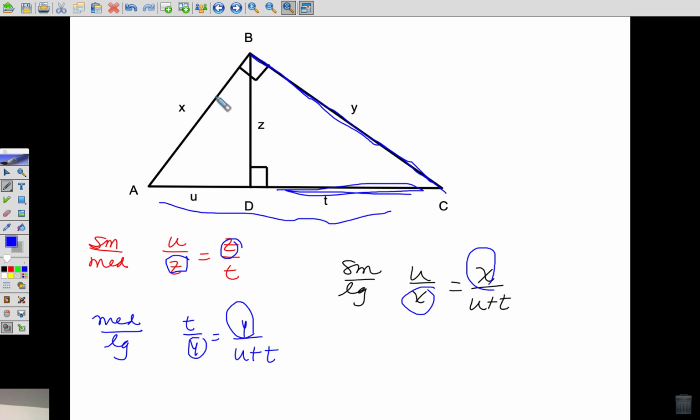If the geometric mean is on one of the legs, let's say x, it'll be u and the whole hypotenuse, u plus t. If the geometric mean is y, it'll be on the part of the hypotenuse it's touching up to the other altitude, so t, and the entire hypotenuse. And that is how geometric mean works in comparison of similar right triangles.